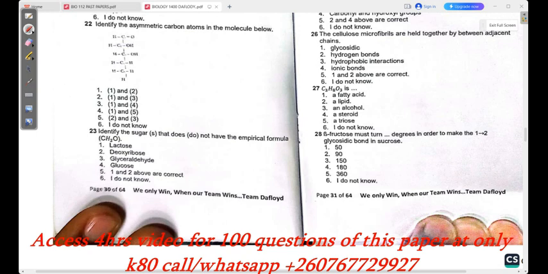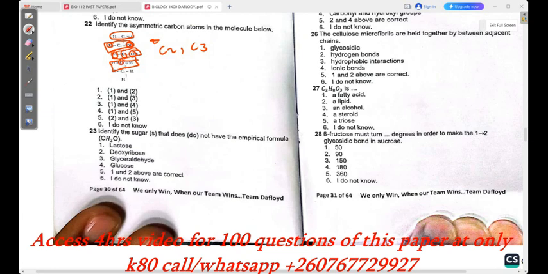Let's check 2. So 2 is linked to a hydroxyl group, this group, that group, and this group. All these are different from each other. So 2 is a chiral carbon. Then this one is linked to hydrogen, hydroxyl, this group, and that group. They are also all different. So carbon 2 and carbon 3 are chiral carbons.